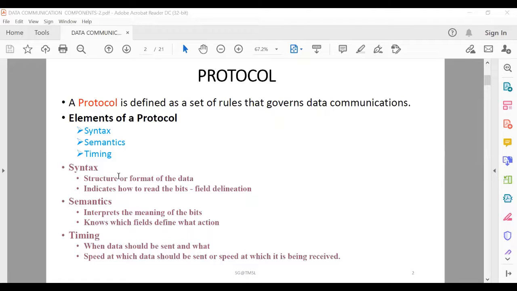Now, timing tells the sender about the readiness of the receiver to receive data, and it also tells the sender at what rate the data should be sent to the receiver to avoid overwhelming the receiver.